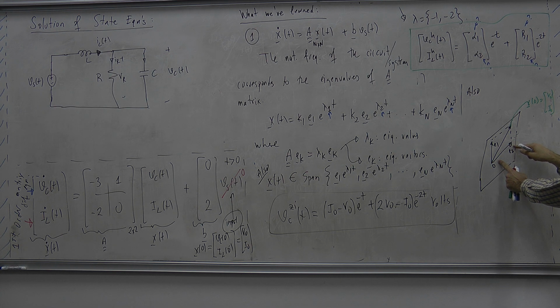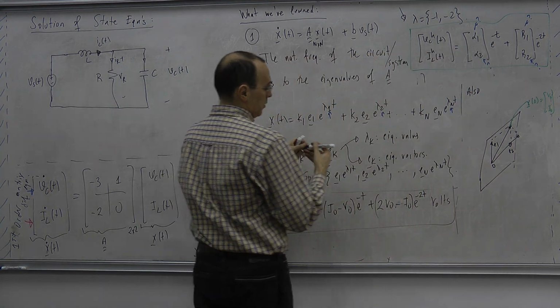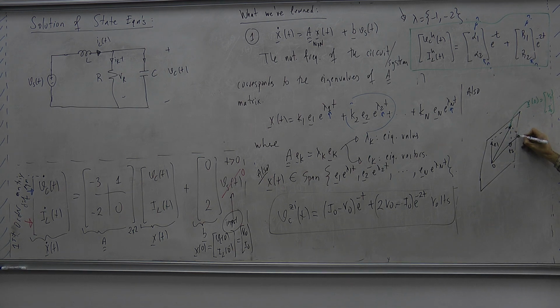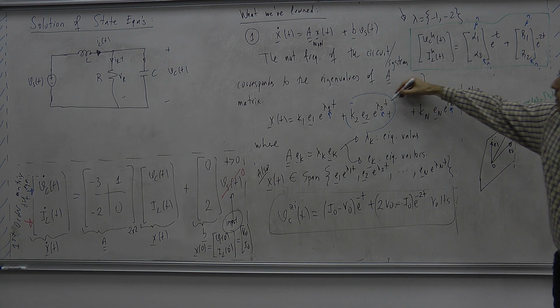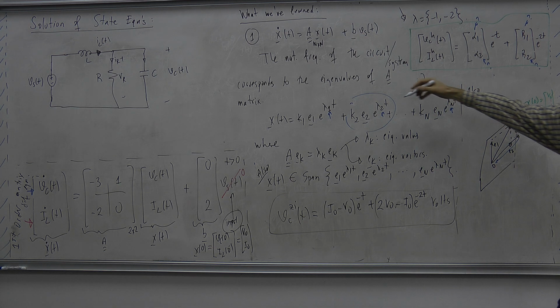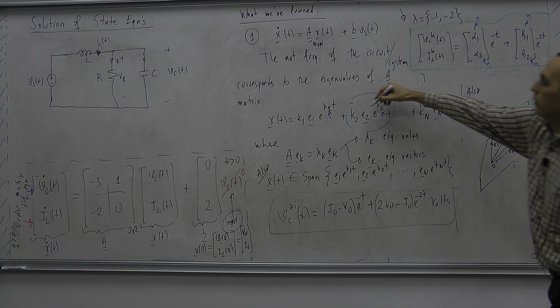If you look at this component of the solution, as t progresses, it goes towards 0. It gets smaller and smaller and smaller, but it's always along this direction.